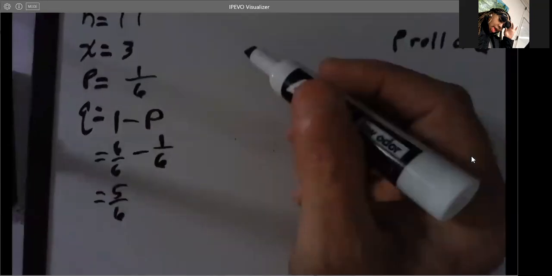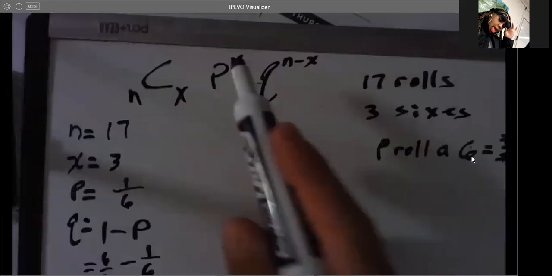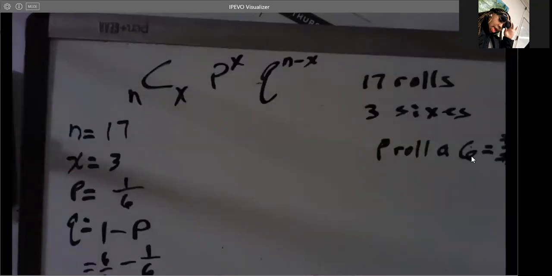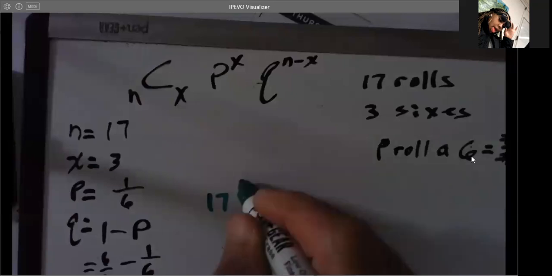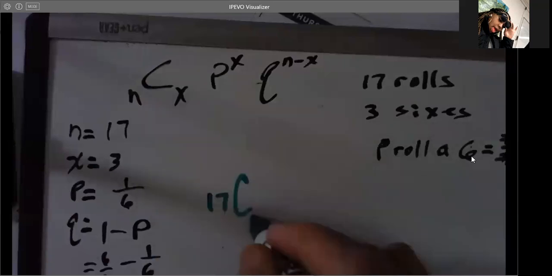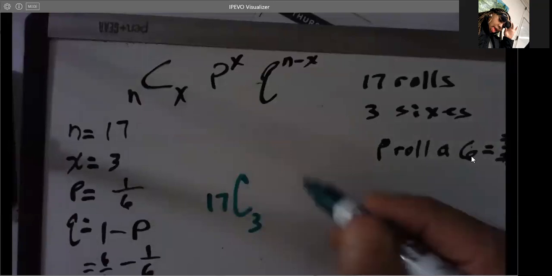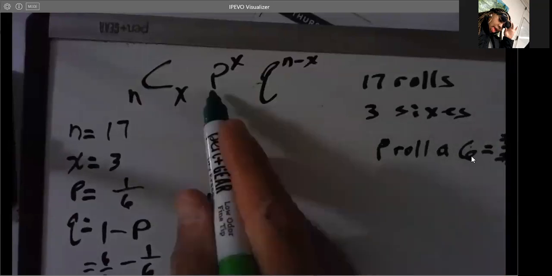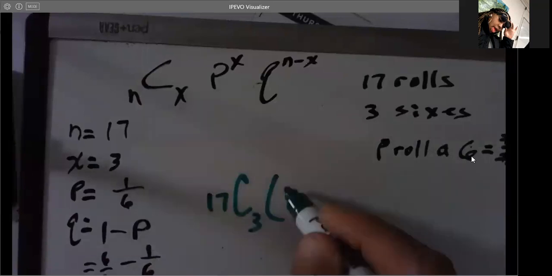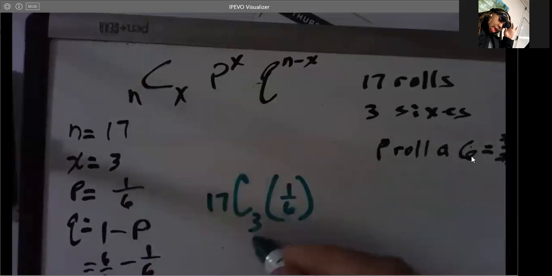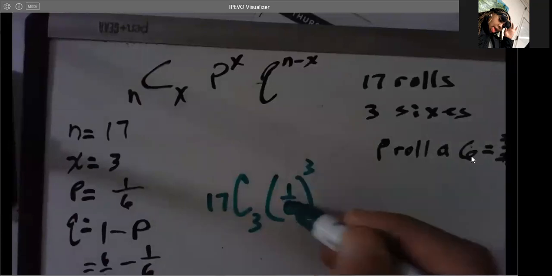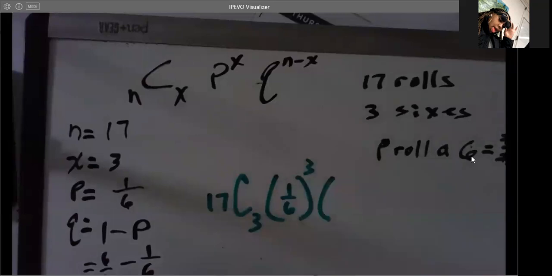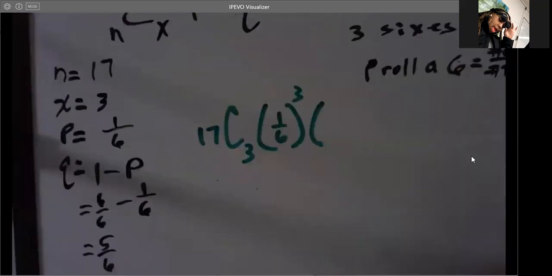So now we're ready to put these into our binomial probability equation. So n, we said, was 17. Combination of 17 taken 3 at a time. Probability of success, p, we said, is 1 over 6. Whatever this number is, that's what you put for your exponent for p. Q, we said that was 5 over 6, right?